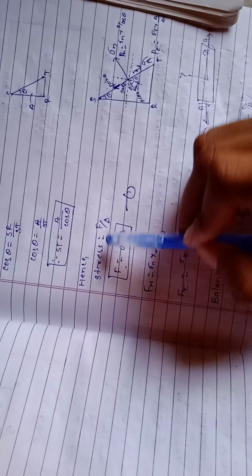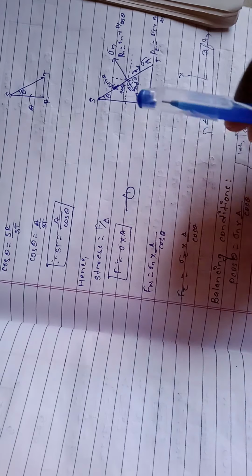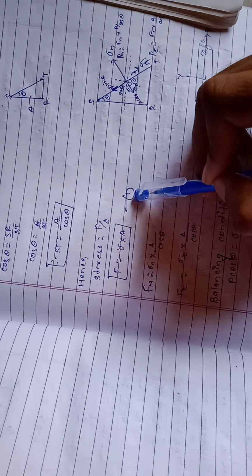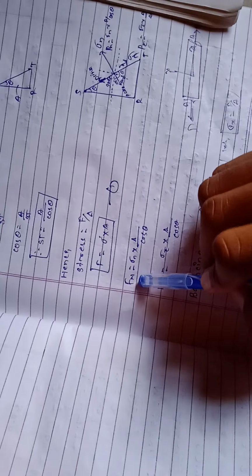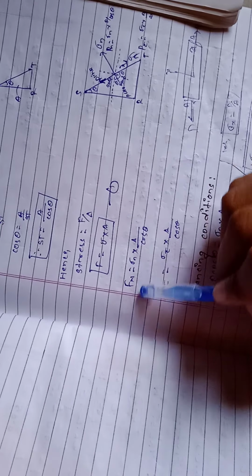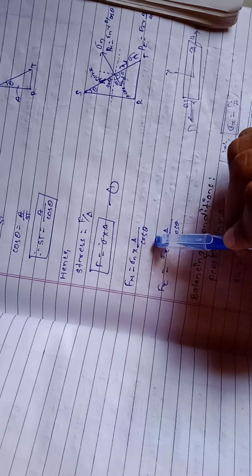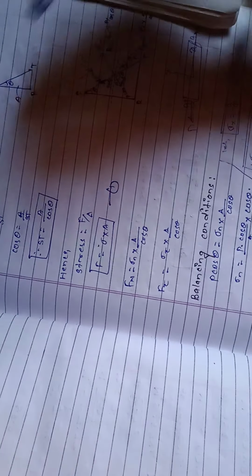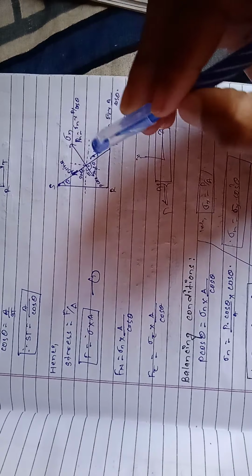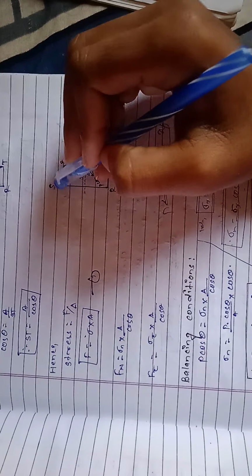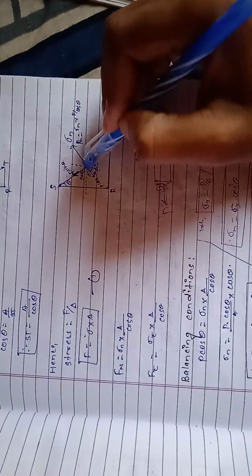Similarly, stress is equal to F by A, so F is equal to sigma into A. Consider this equation as first. Now the normal force is equal to sigma n into A by cos theta. Have you seen this diagram? A normal stress is acting at the surface.